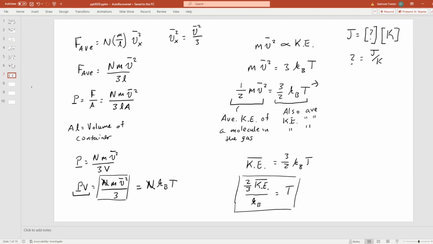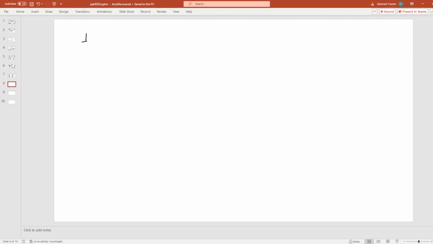And we're going to call it the internal energy. So the internal energy of a thermodynamic system is just the sum of all of the mechanical energies of all the molecules.